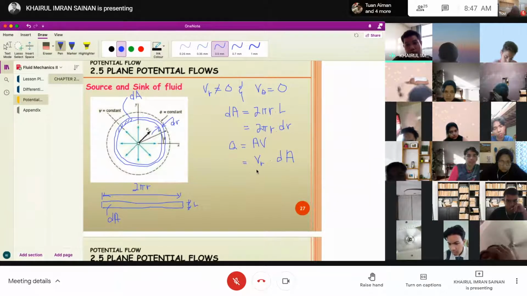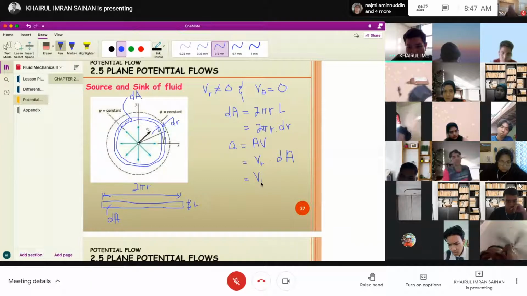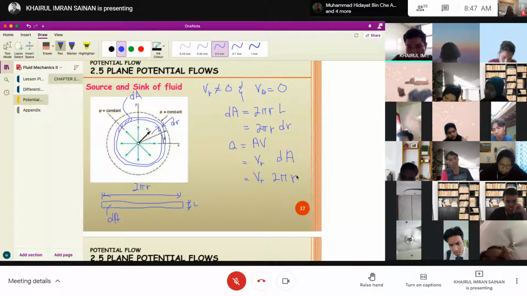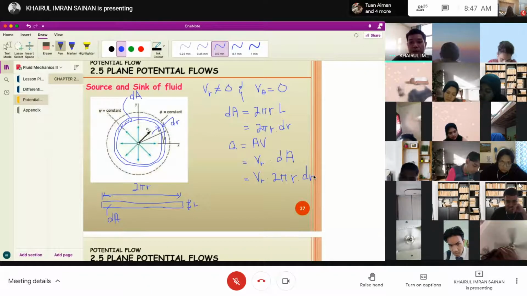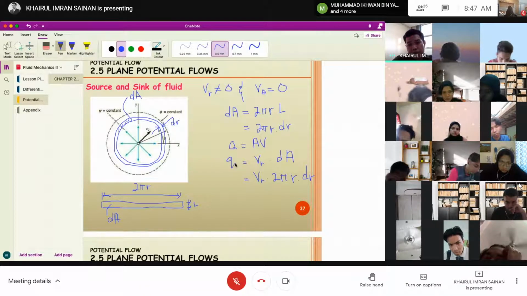So Q equals VR multiplied by dA. So we replace dA with 2 pi r dr. Our objective is to find VR. Since this is change of area, our Q can be represented by small q.